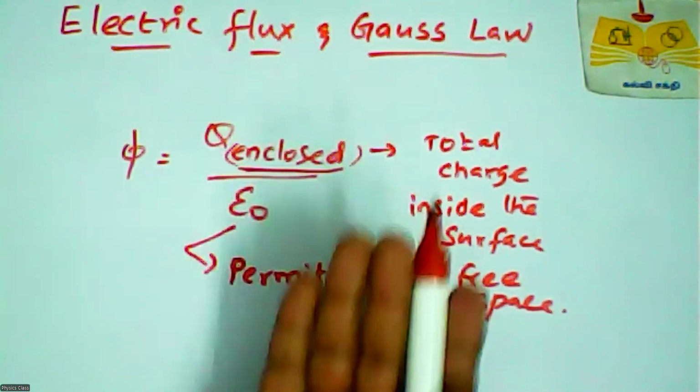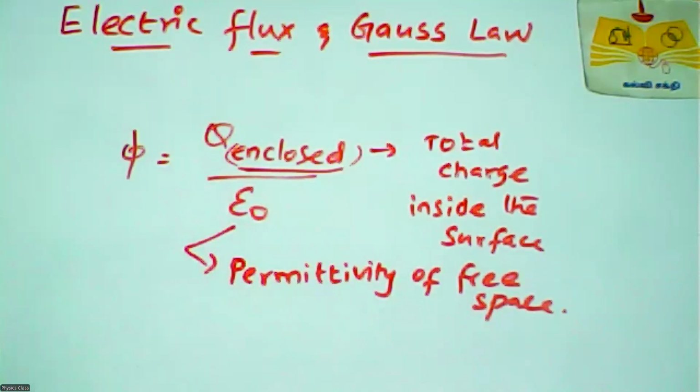Already you know that it has a value. What is the value of epsilon naught? Anybody know? Please tell. What is the value of epsilon naught, the permittivity of the free space? It is a constant value. You can tell the value with the units also. Okay, just tell the value only.